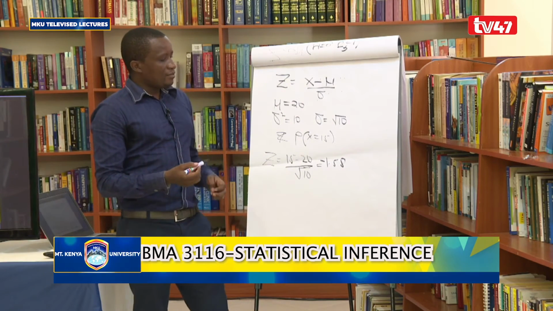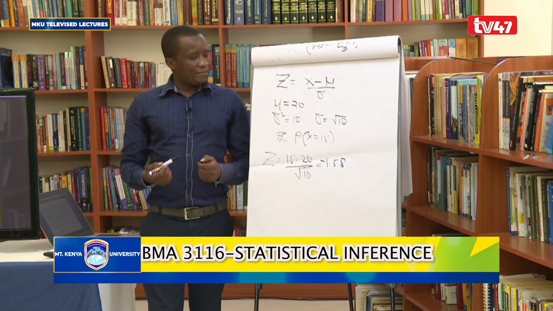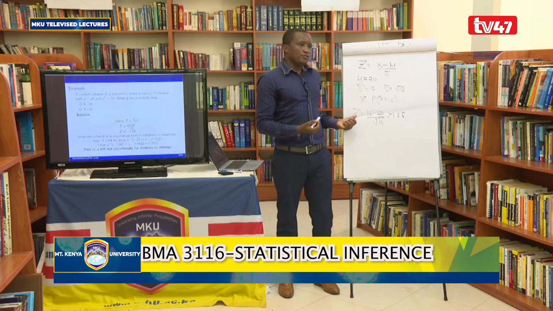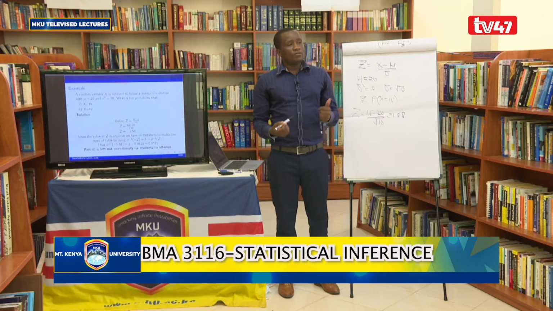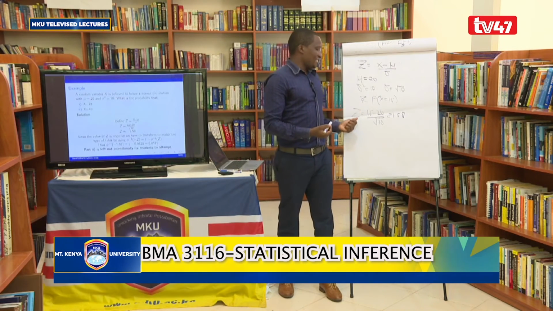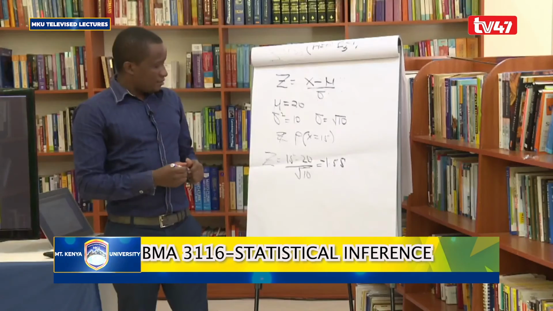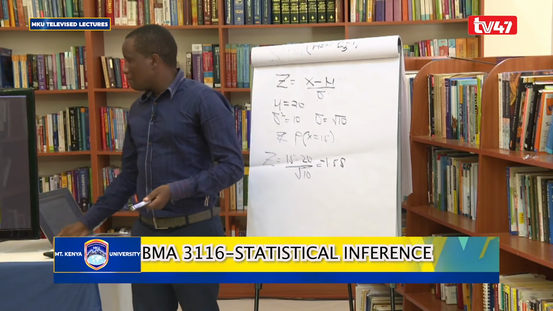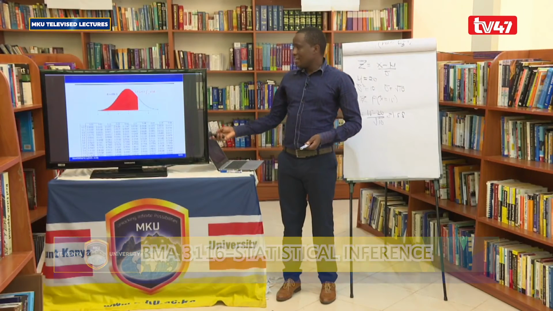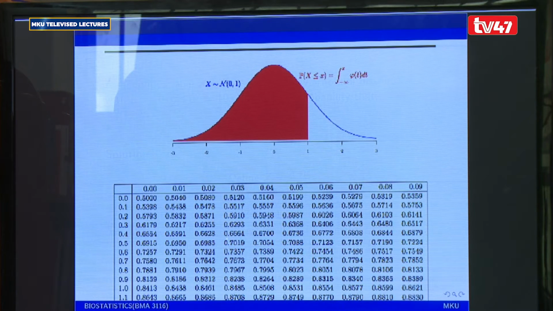Then, the z table can be given either with values of z being positive or values of z being negative. So, in a situation where you've been given the z table being positive, like in this case, you can see that the first column there represents the values of z, and after that, within the matrix, we have probabilities corresponding to the values of z.